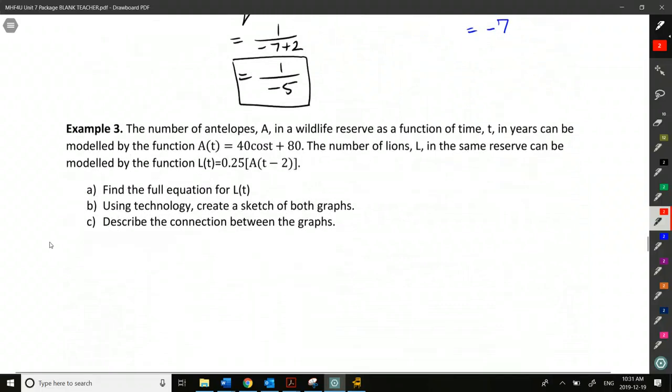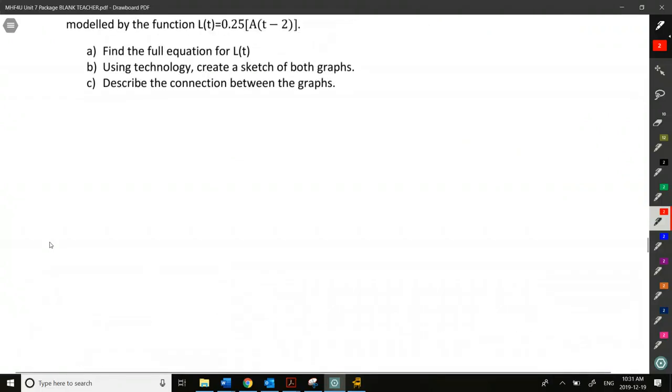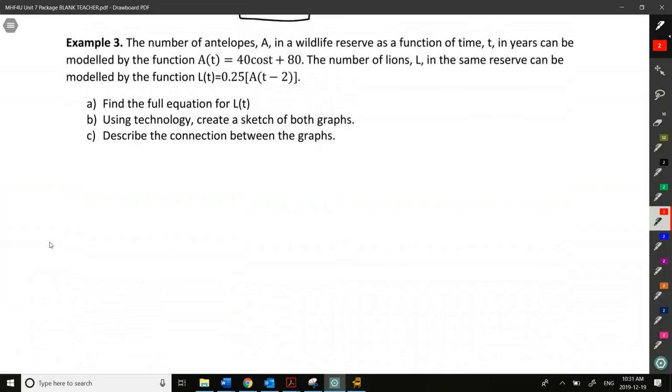Okay. So composite functions are really good if you have a relationship between two things. So when we talk about actual applications of these things, there are things in the world that are directly correlated with one another, right? So a really good example is predator and prey relationships.